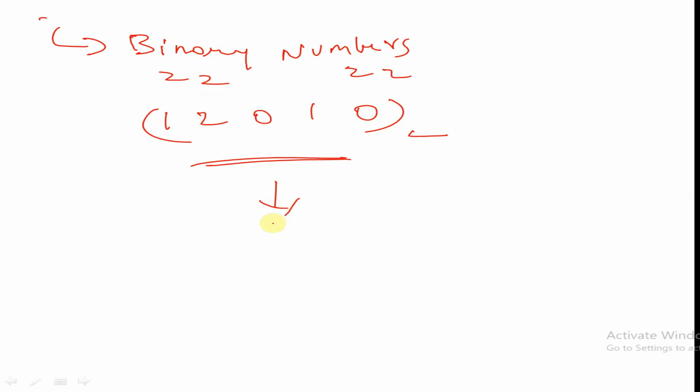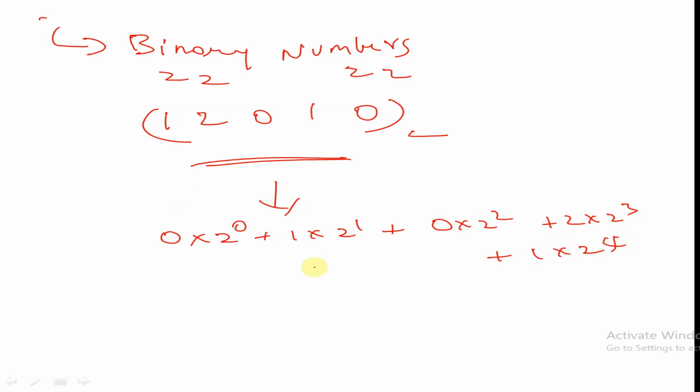What is the value of this binary number? Just multiply each digit with a power of 2: 0 into 2 power 0 plus 1 into 2 power 1 plus 0 into 2 square plus 2 into 2 cube plus 1 into 2 power 4. Then we will get the value of this binary number.